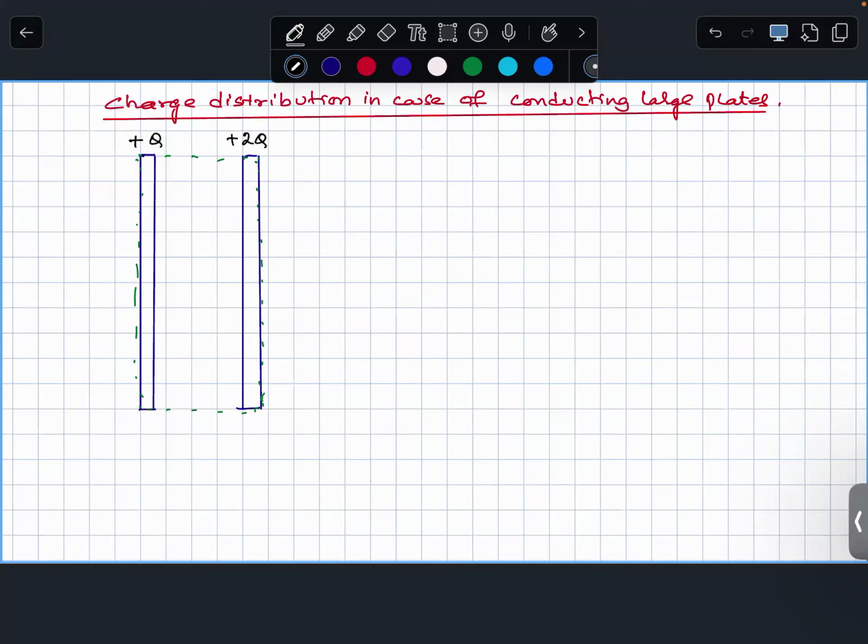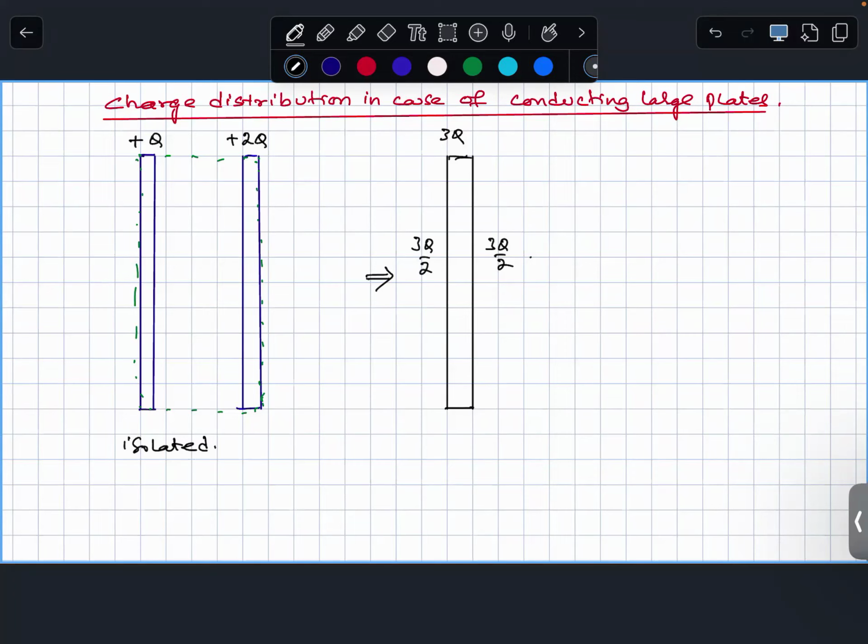If you have one single plate with 3Q charge, how does it get distributed? 3Q by 2, 3Q by 2, provided this is isolated conditions. Remember, both the plates are isolated. Isolated means there is no other distribution, there is no other conductor, not even earth connection around.